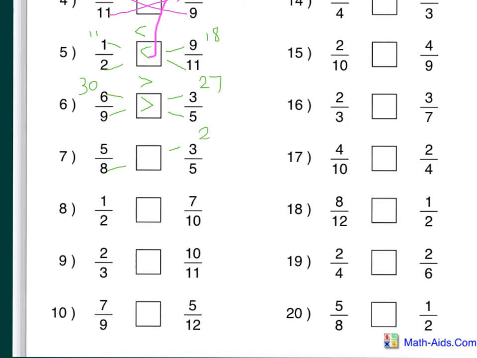8 times 3 is 24. 5 times 5 is 25. 25 is greater than 24, so 5/8 is greater.